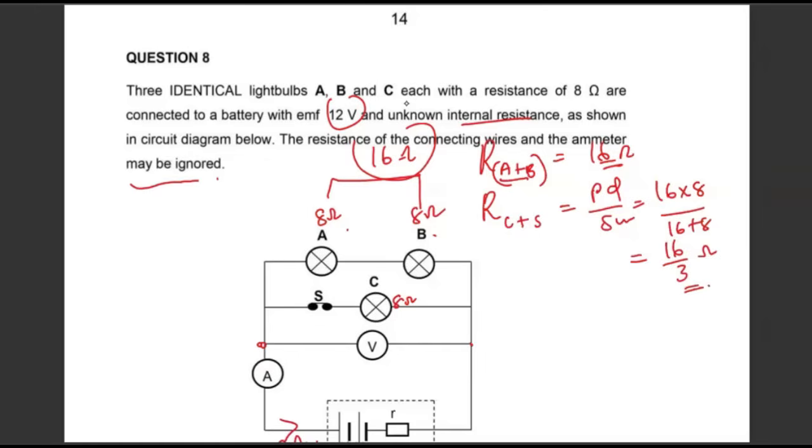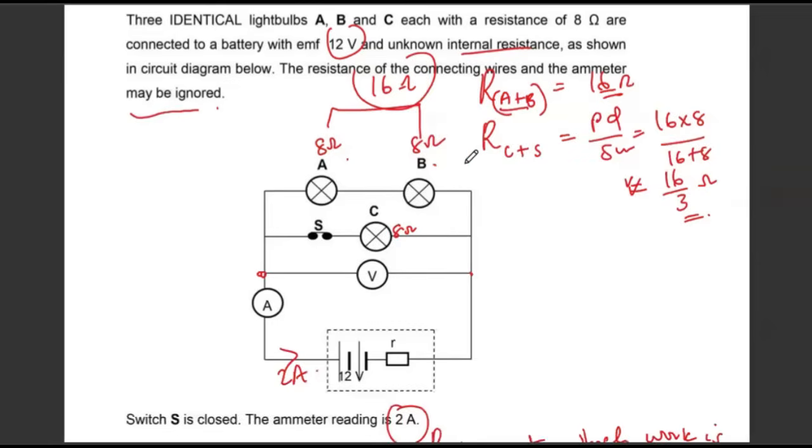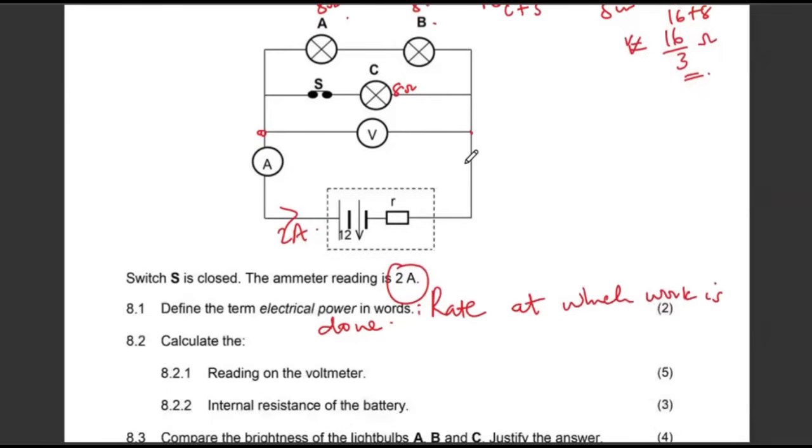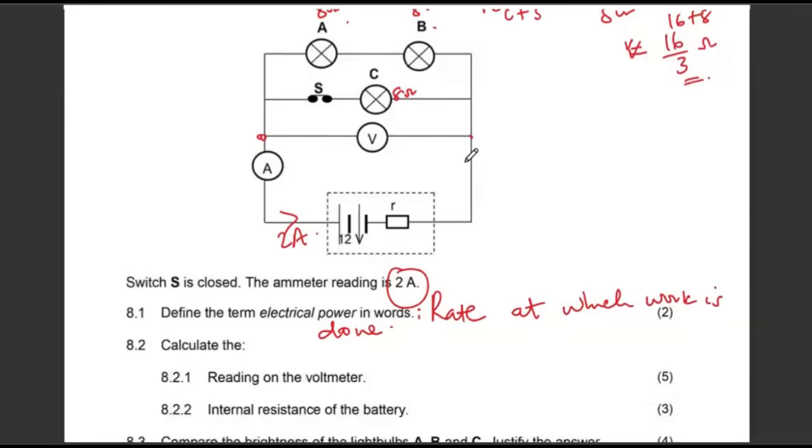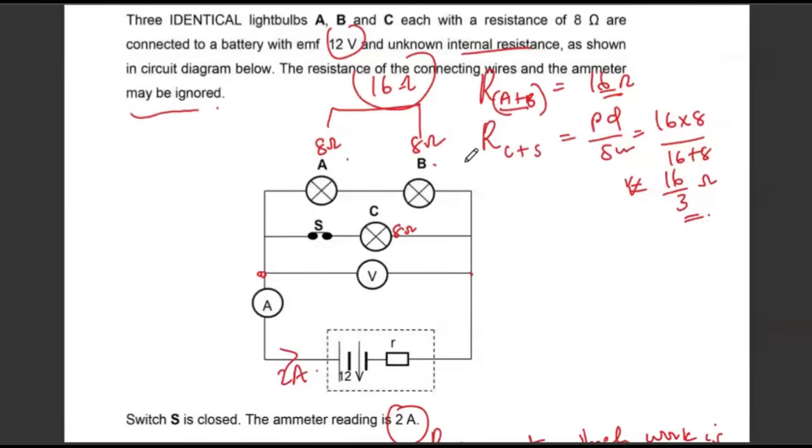Now, this is the total resistance that we have. We have the ammeter. We were given the voltage to be 12. Is it the voltage or the EMF? It's the EMF. But then the switch was closed.